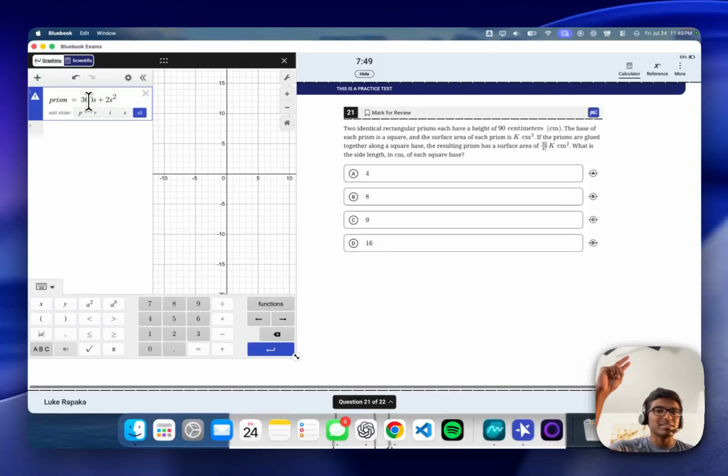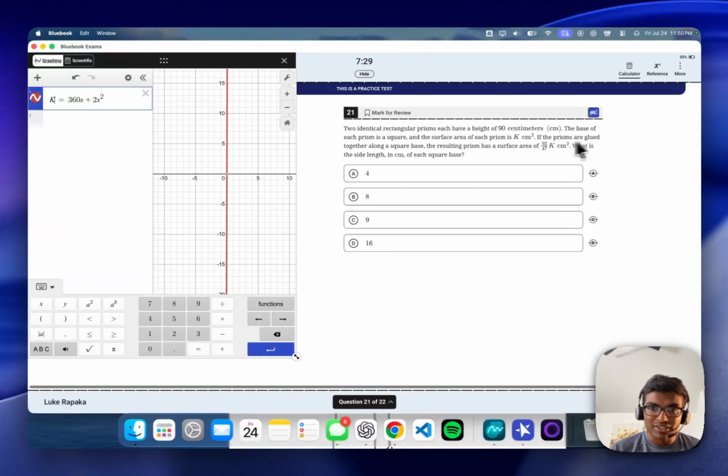So I have the two tops and then 4 times 90. Yeah, so that's the whole side. The base of each prism is a square surface area. So, okay, surface area, this is just all K. So each prism is that. If the prisms are glued together, the resulting prism has a surface area of that.